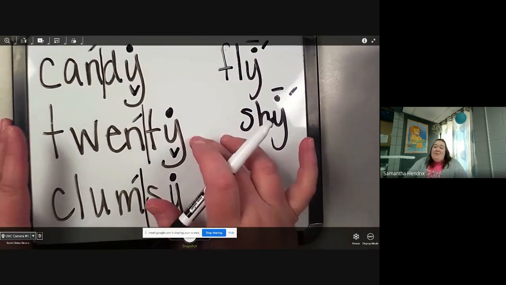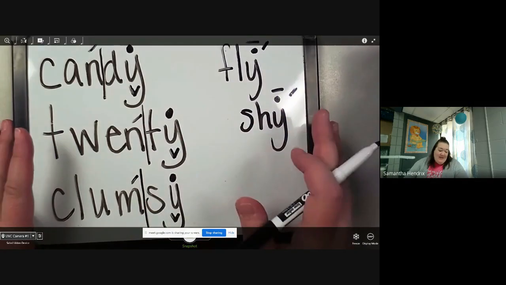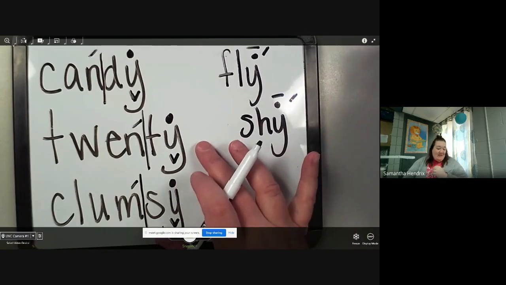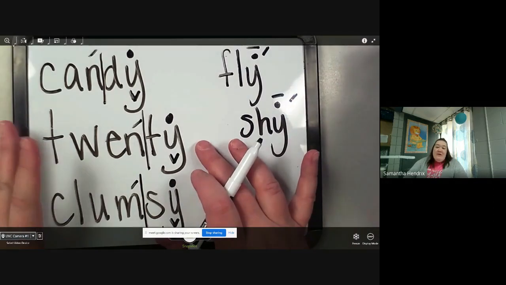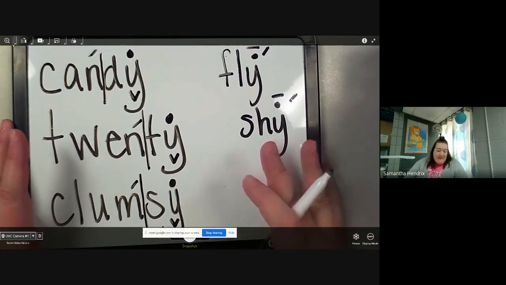Since neither a breve nor a macron will indicate, meaning will tell us that this Y says E, we will leave the vowel coding off except for the dot. Okay?